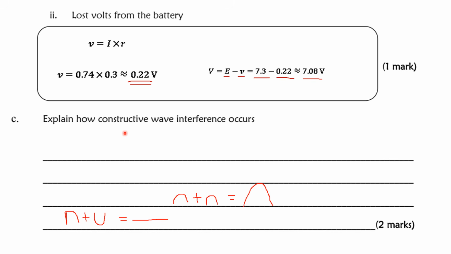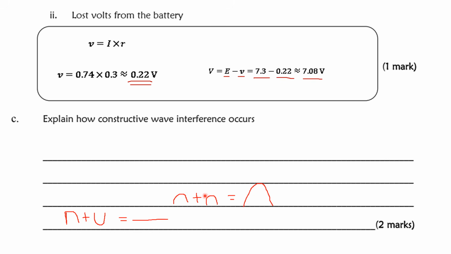All right, remember that interference is a combination of two or more waves, which can be constructive or destructive. It is constructive when two waves that are in phase add upon each other to produce a wave that has greater amplitude than any one of the two.